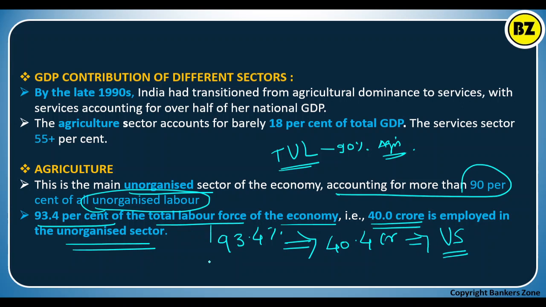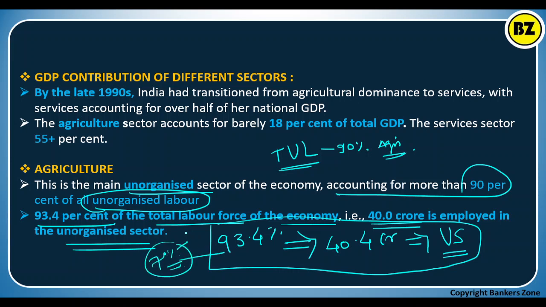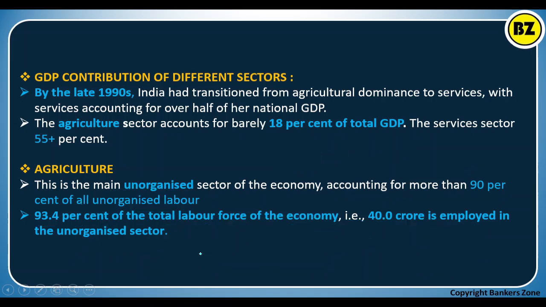This is a very huge figure, right? So we the bankers come into only around 7%. We come in the category of 7%, which is organized. We have well organized bodies to protect our rights, in simple words.